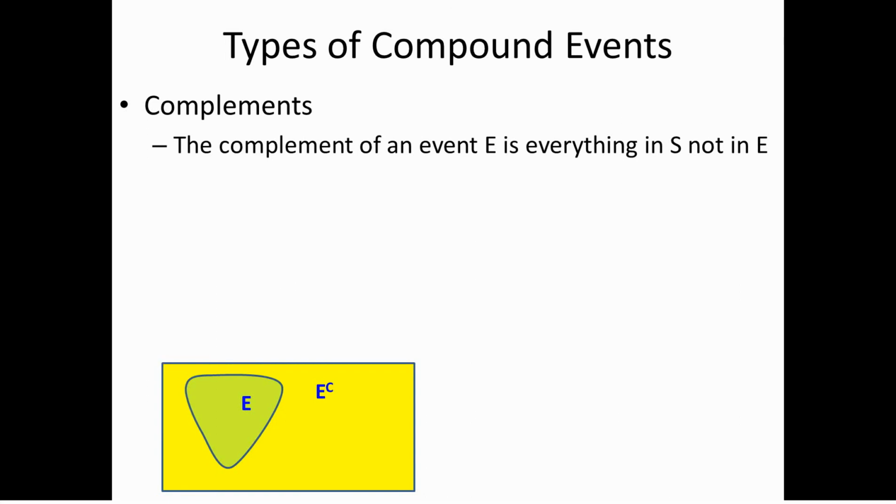Notice that if I have some event E, just a subset of the sample space, it basically partitions the sample space into two parts: the set E and all the elements that aren't in E, and that's the complement. Mathematically we'd write the complement as all the elements of S such that they are not in E.